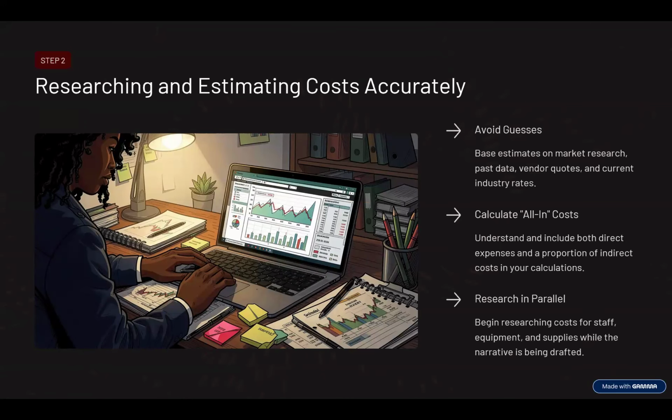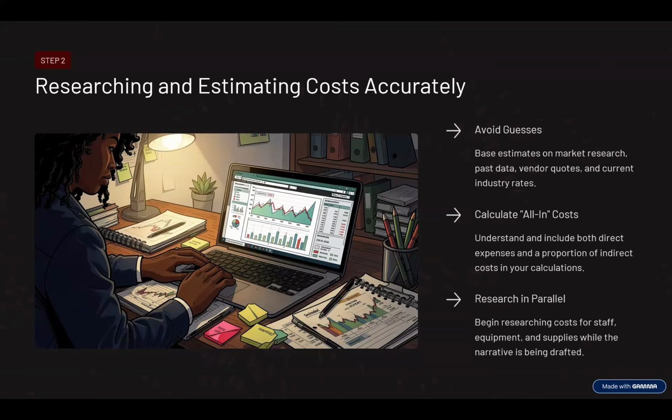After you have laid the foundation, the next part is to research and estimate the costs. You should try not to guess, especially when you're dealing with land travel or other equipment. You don't just guess any amount, because they see so many grant requests that they have an idea of how much things cost.